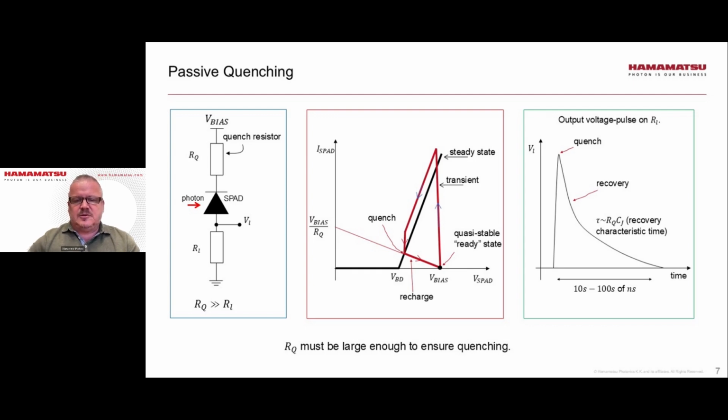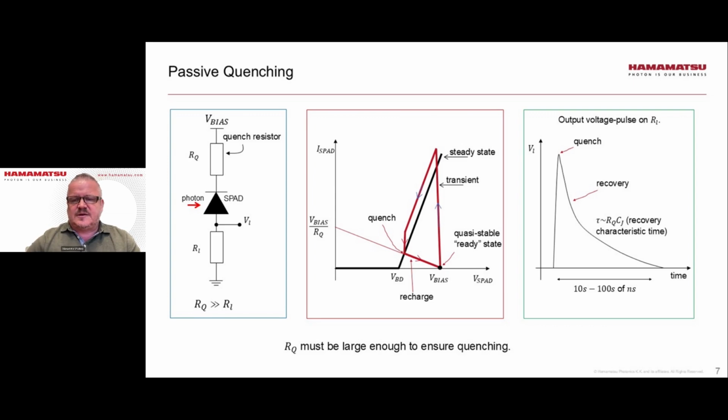In the middle panel, we see kind of an engine cycle of our SPAD. We start on the V-axis, and then we move along the red line in a circle, coming back to the starting point. So the cycling engine-like performance is due to this passive quenching.